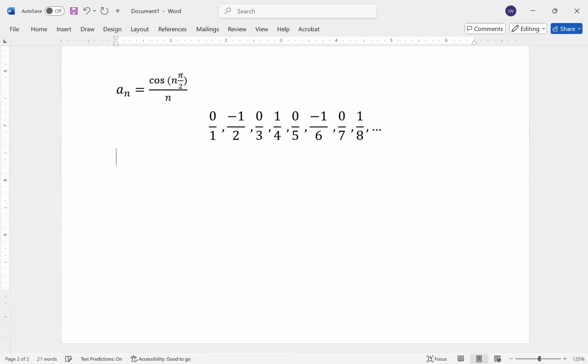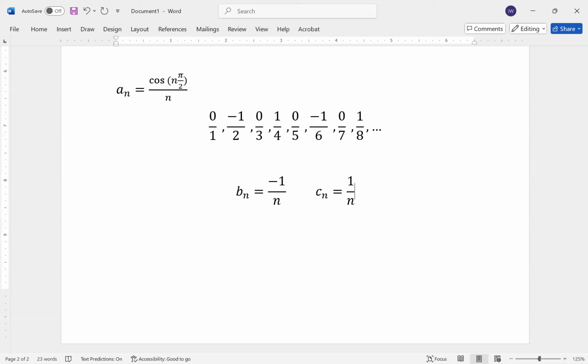This is a great opportunity for the squeeze theorem. What I'll do is say that a sub n is between two different sequences, one of which is going to be -1 over n, and the other, we'll call that C, is going to be +1 over n.